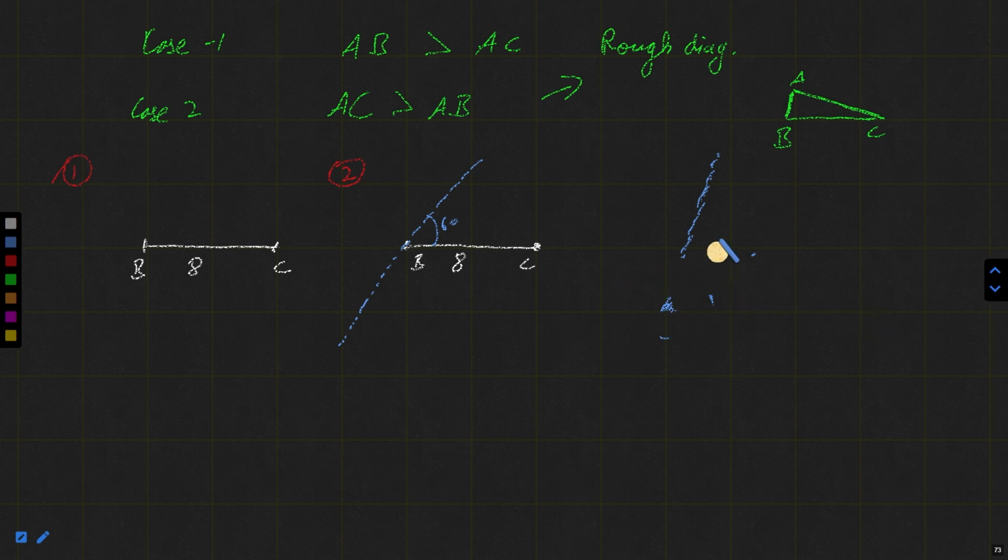So let me just use it in the example directly. So it is my 60°. Okay, now I am producing this ray backward also.